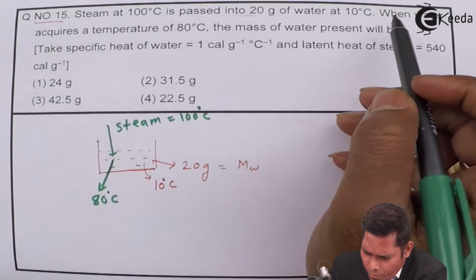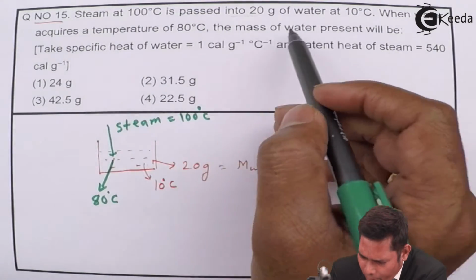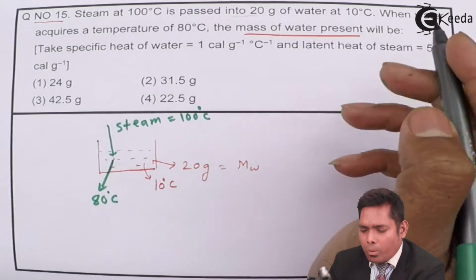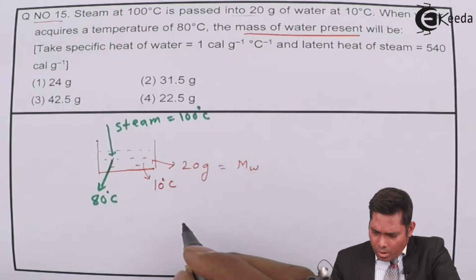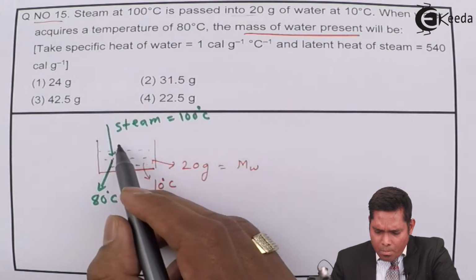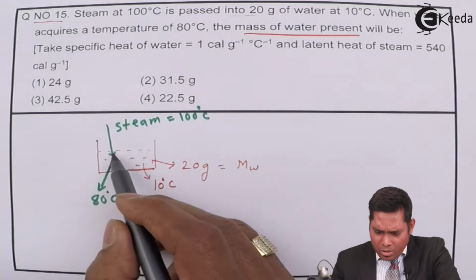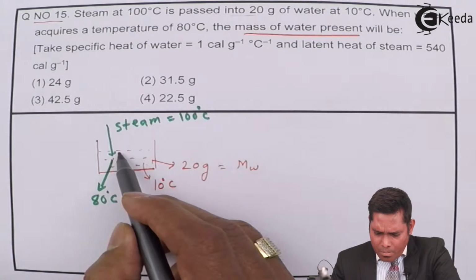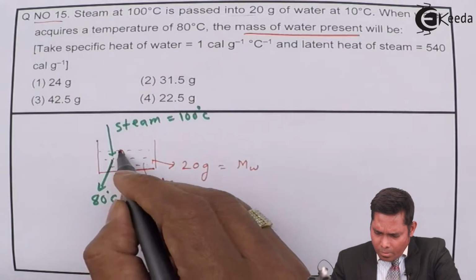When the question asks the mass of water present, it is talking about the total mass of water. Earlier it was mw. Now some mass of steam is also present, because during the process of 100 to 80, some mass of steam becomes water.